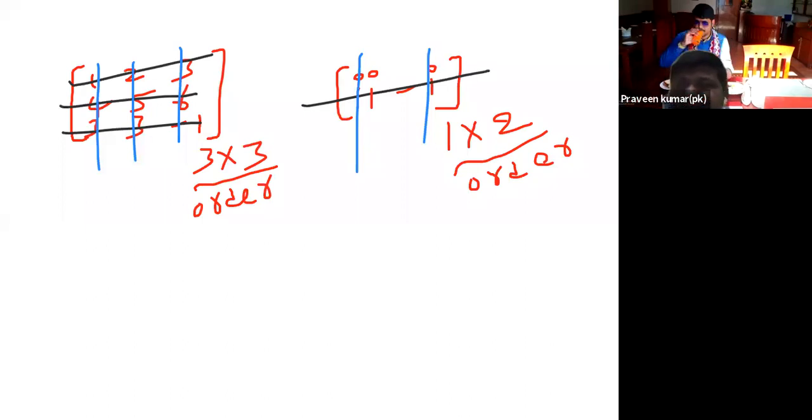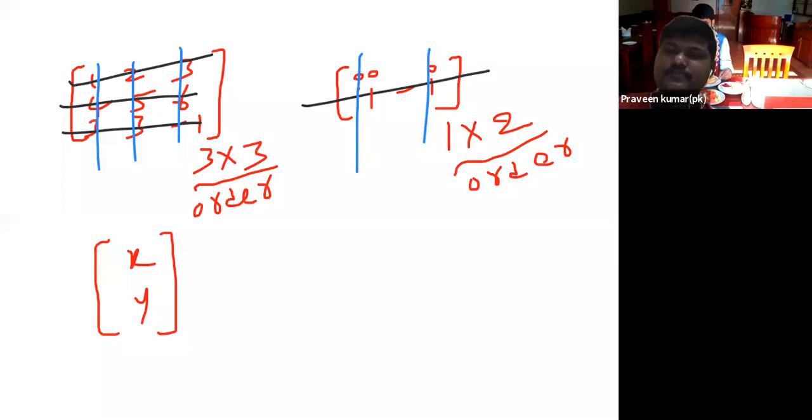Now, can you give one more example, my dear students? X, Y. What is the order of this matrix? How many rows are there? How many columns are there? Dear student, this matrix contains 2 rows.